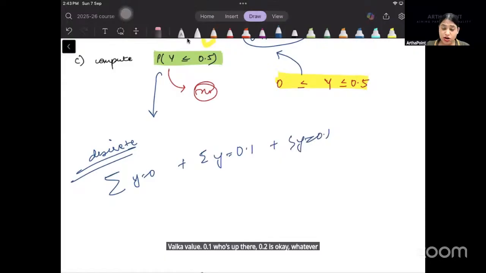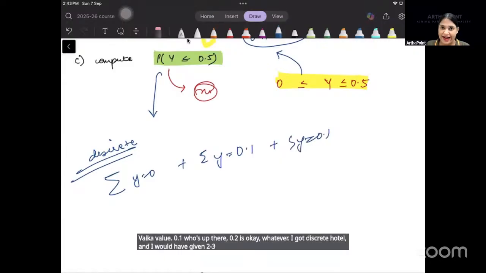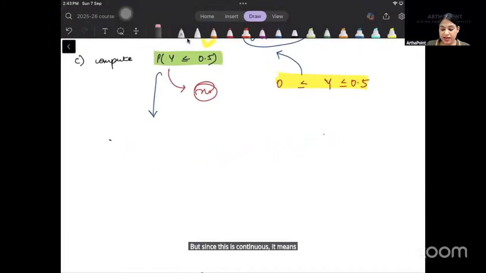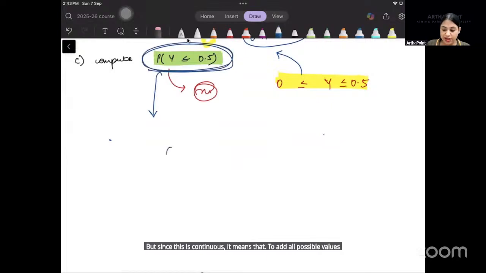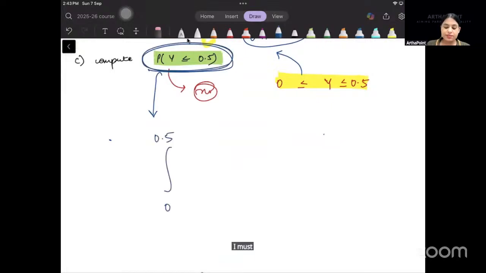If discrete, I would have added. But since this is continuous, to add all possible values up to 0.5, I must integrate.